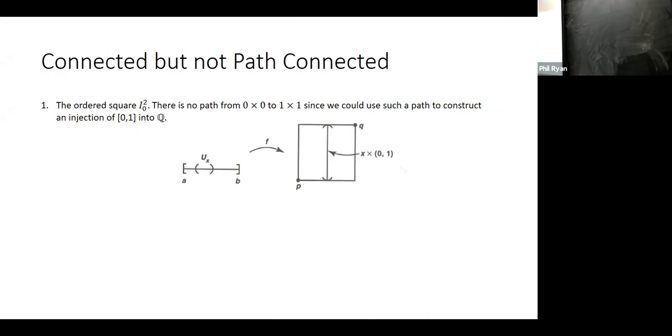That is an open set. A path is a continuous map, so its pre-image is going to be some open set in our closed interval AB. So for each x in the interval, we can come up with a Ux.